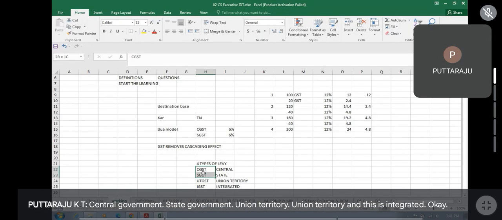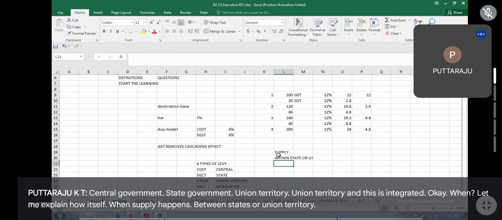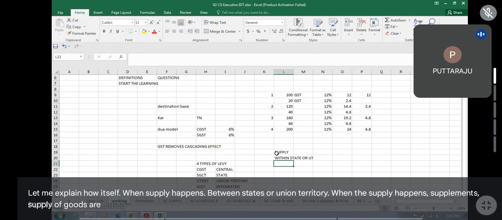Okay, let me explain now itself. When supply happens within state or union territory, supply means supply of goods or supply of services. I will tell you everything. We will learn in detail a few things.